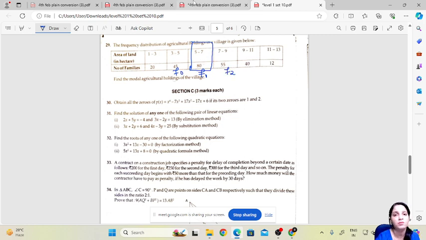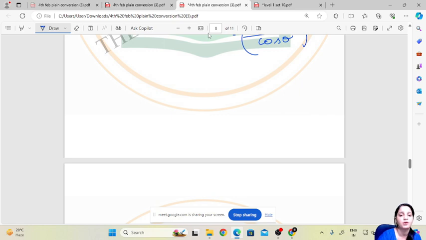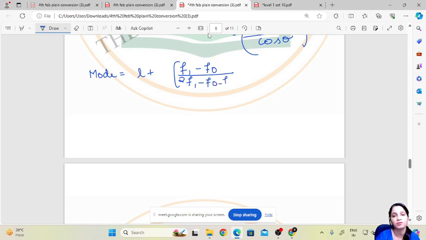Now what is the formula of mode? Mode is equal to L plus (F1 minus F0) upon (2F1 minus F0 minus F2), into H. Now here what is L?